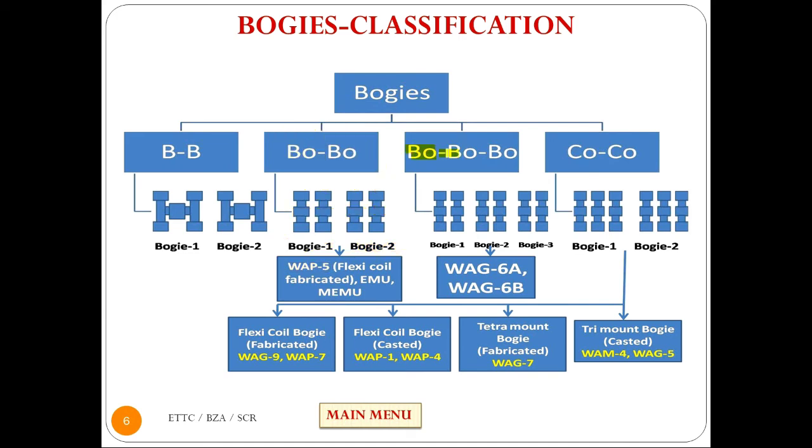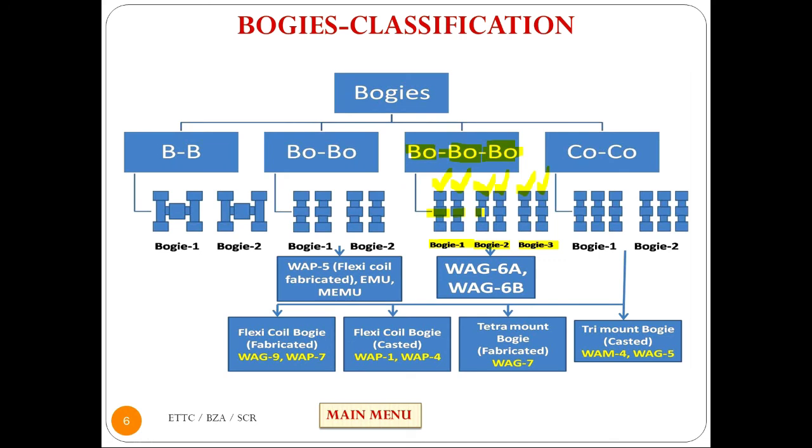Then, three bogies are provided: bogie number 1, bogie number 2, bogie number 3. Each bogie has two axles, so axle number 1, 2, 3, 4, and each axle has an independent traction motor, that is, each axle is independently driven.